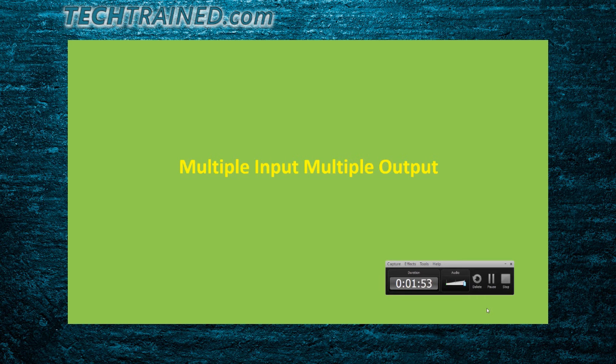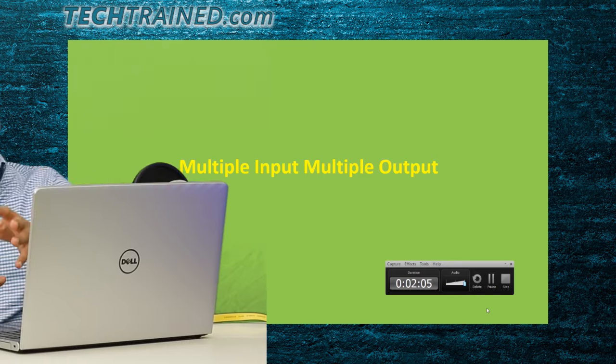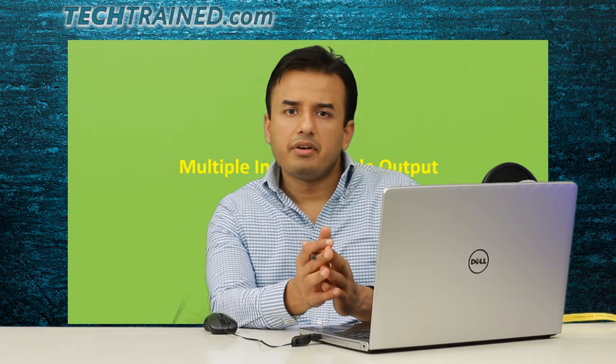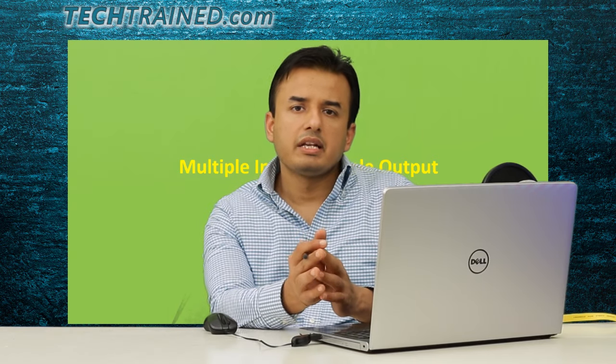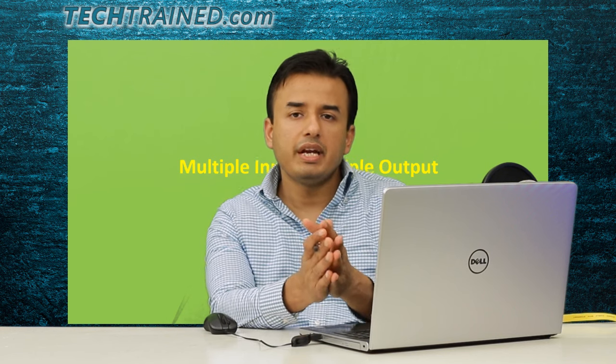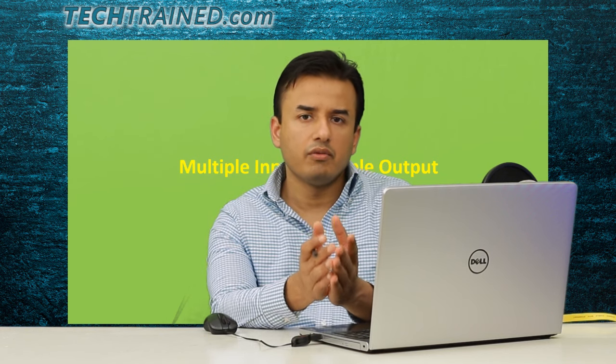Now, before we start drawing something on the screen, one thing we need to make ourselves clear on is that MIMO does not always mean increasing throughput. Multi-antenna schemes can mean different things in different contexts. You can use multiple antenna schemes just to reduce fading and improve the reliability of throughput.